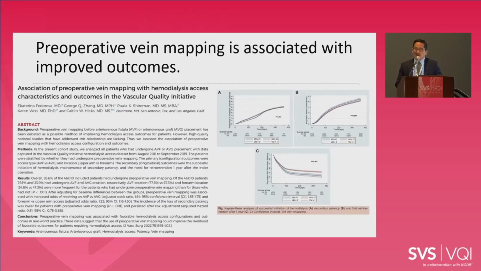Another important topic, and hopefully this is a quality improvement measure, is that preoperative vein mapping is associated with improved outcomes. This VQI analysis looked at patients who did have vein mapping and who did not, and certainly the patients who had the vein mapping did better. This is perhaps a good justification for why getting vein mapping is important.